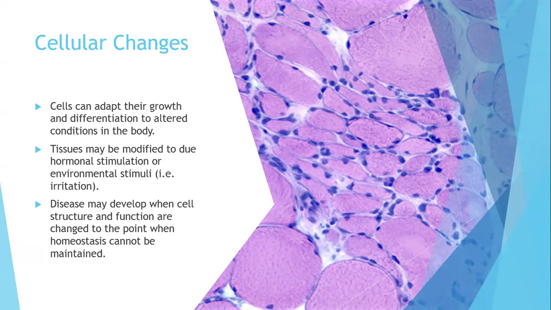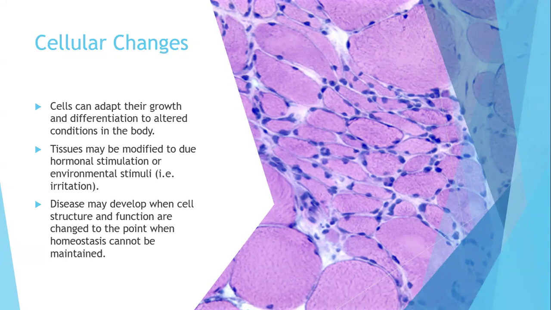Each individual differentiated cell has its job, and if the cell is damaged or changed in some way, the job that it does is going to change, right? So cells can adapt their growth and differentiation to altered conditions in the body. There are certain cells that start out as one thing and then turn into another thing, and we'll talk about all of them in gory, gory detail. It'll be great. You'll love it.